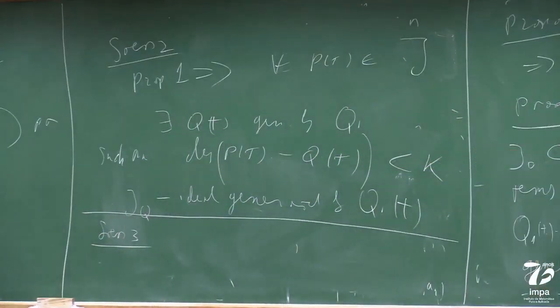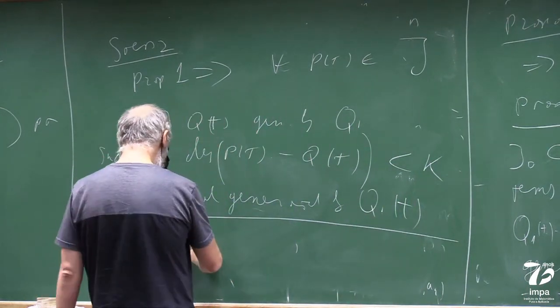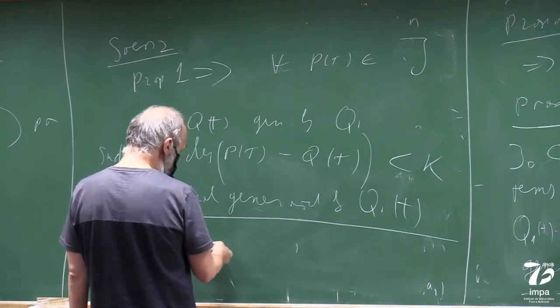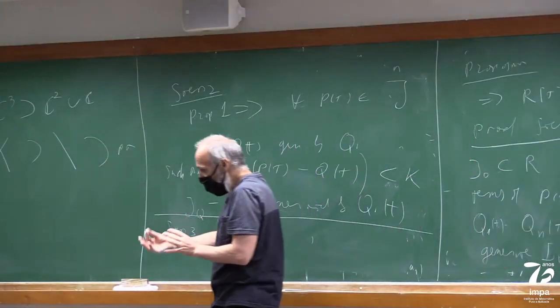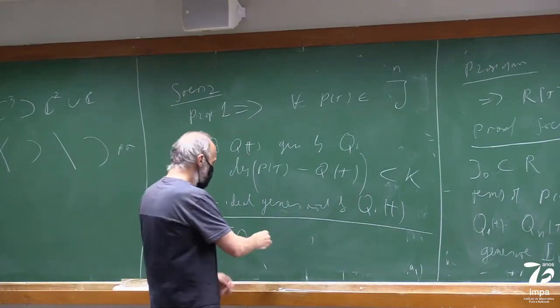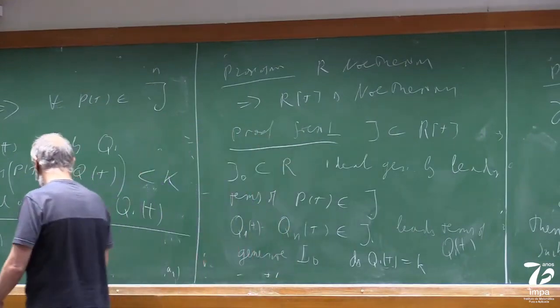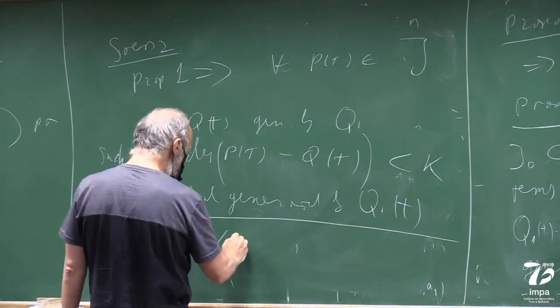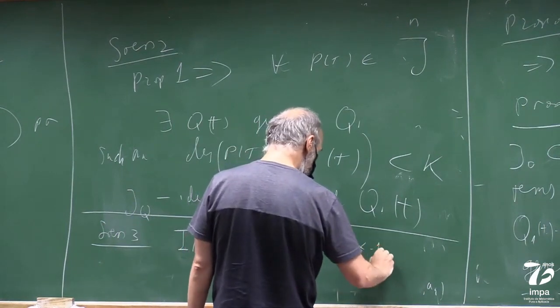We can take the intersection of I with the subspace generated by monomials. R[t] is a graded space, generated by monomials as generators of R[t] over R. So I take the intersection with the subspace generated by monomials 1, t, t squared, and so on up to t^(k-1).